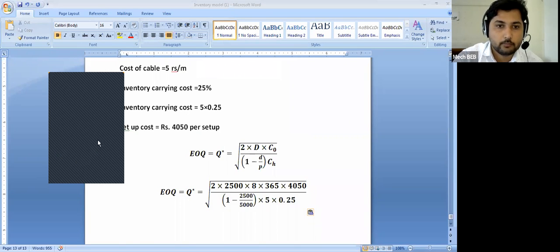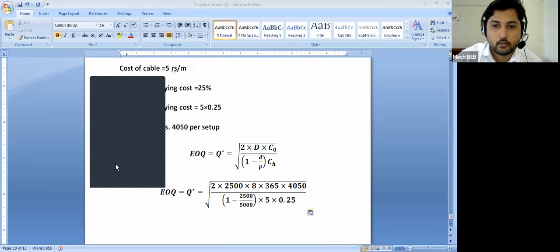2500 multiplied by 8, multiplied by 365, multiplied by 4050. That is equal to 9913.